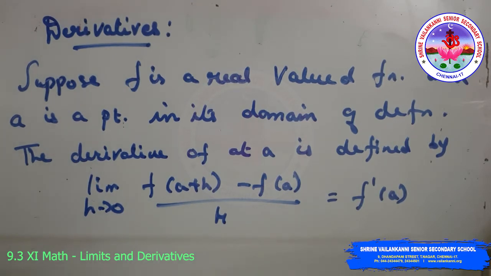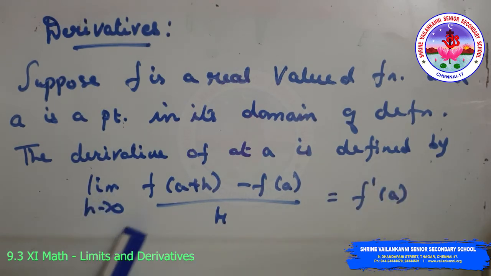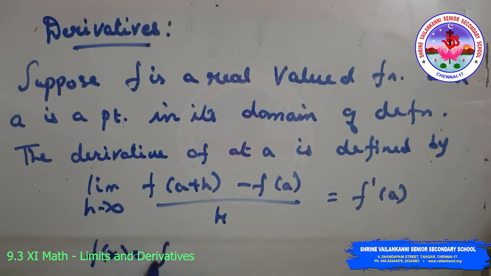Suppose f is a real valued function and a is a point in its domain of definition. The derivative of f at a, which is denoted by f dash of a, is defined by limit h tends to 0 of f of a plus h minus f of a, by h, provided this limit exists. So the derivative of f of x is denoted by f dash of x.